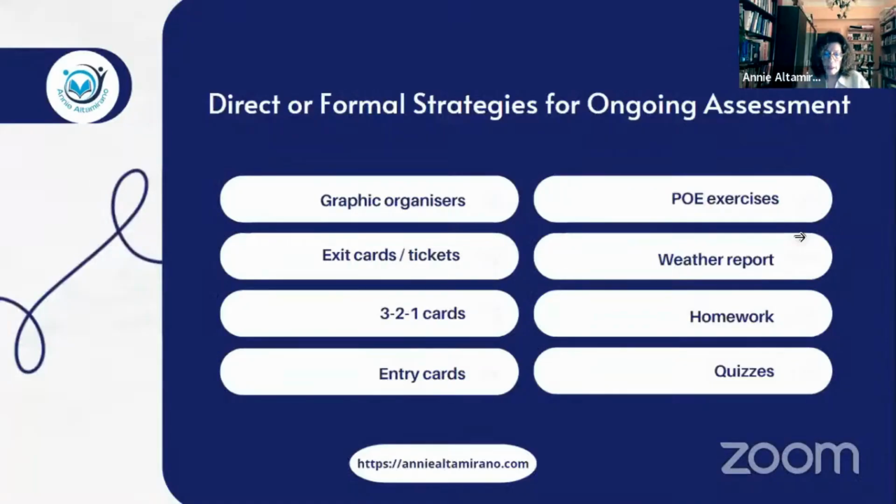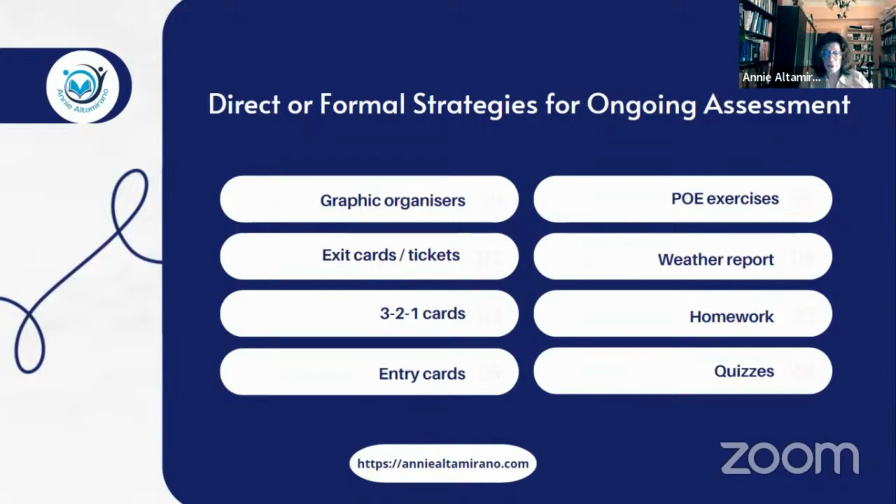So let's have a quick look at some direct or formal strategies for ongoing assessment. And we have, for example, graphic organizers, where students complete a graphic organizer on a topic or a question posed by you.